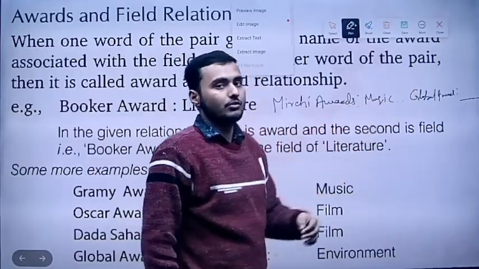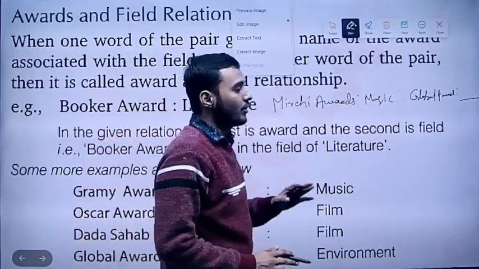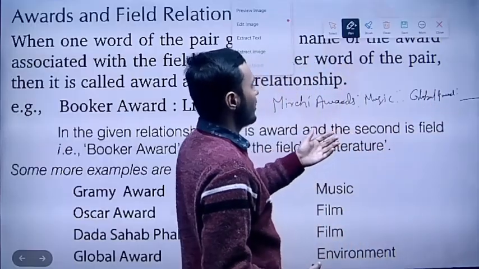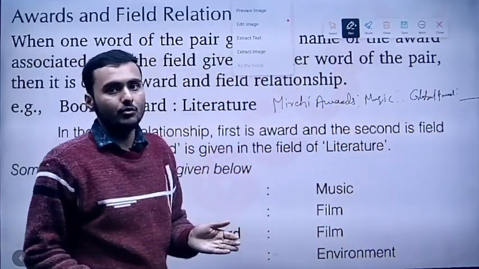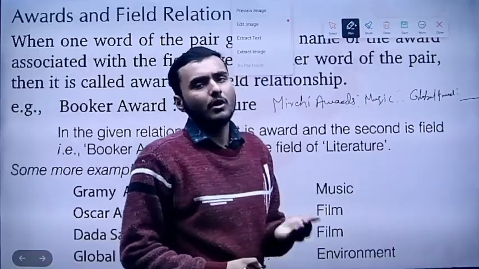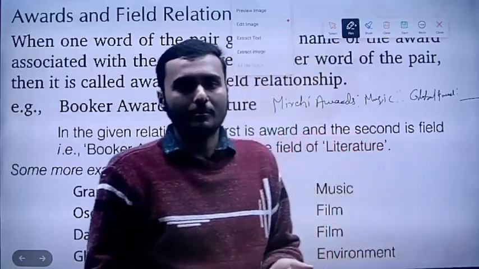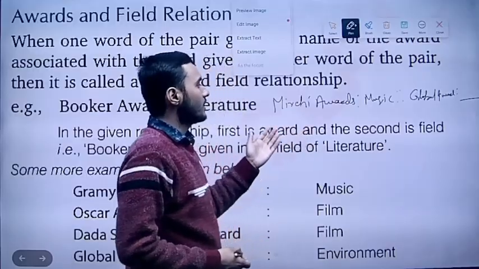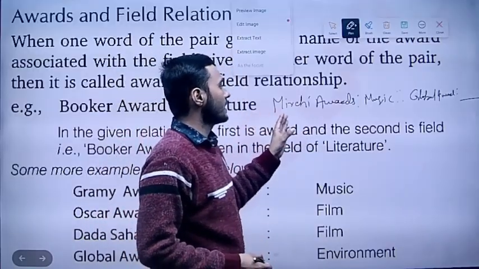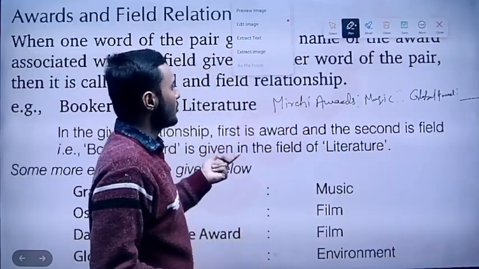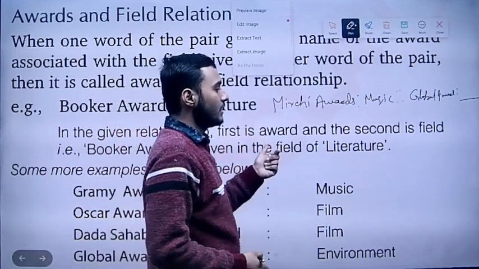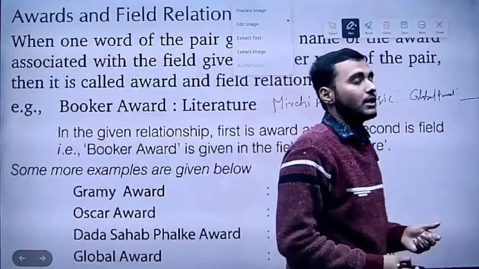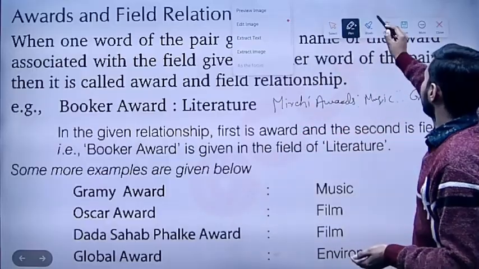So global award is equal to what? We have to already know what global award indicates. Basically global awards are given to those persons who have contributed towards saving the environment. So what relationship are we establishing? In this question we are finding that the award and type of award relationship is being followed. So we have to answer this type of question using that pattern.